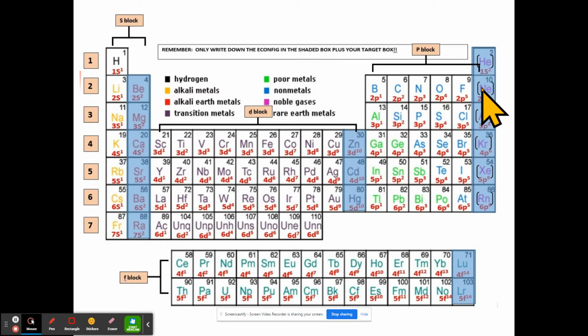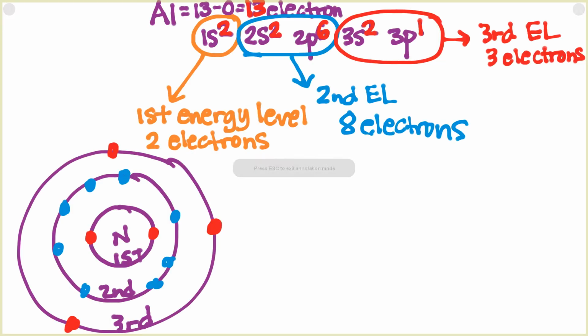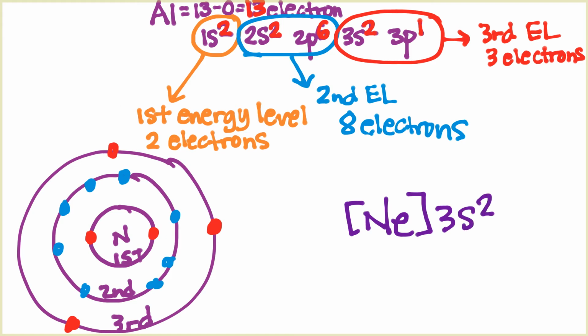And then you just follow exactly the same rules that we have. You just write down those that are in the shaded boxes plus your target box. So our noble gas configuration is Ne. Box number 11 is no. 12, yes, so it's 3s2. 13, 3p1.